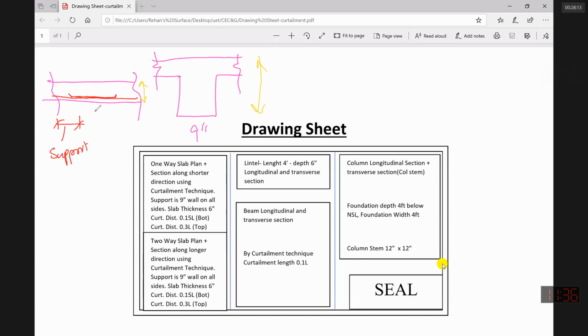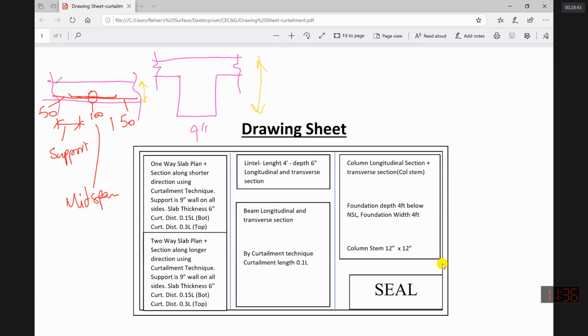In the mid-span region, this is the mid-span, you have more number of positive bars. For example, if there are 100 bars over here, there would be 50 bars over here. Half of them would be curtailed, right?